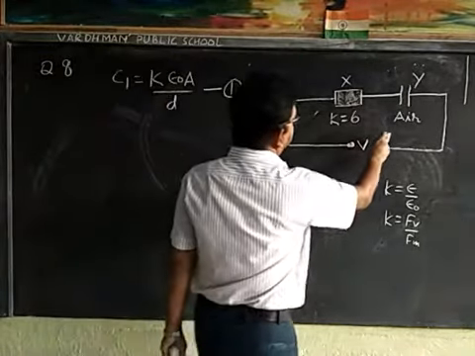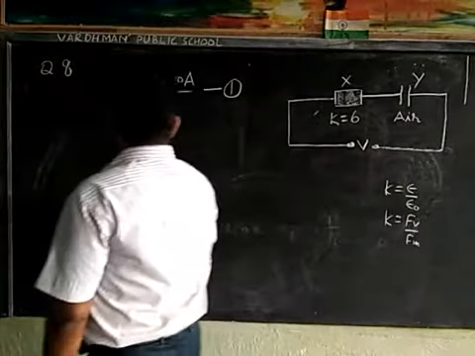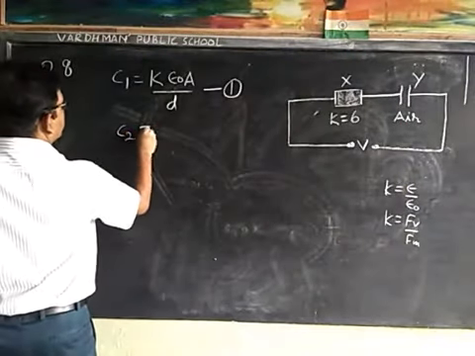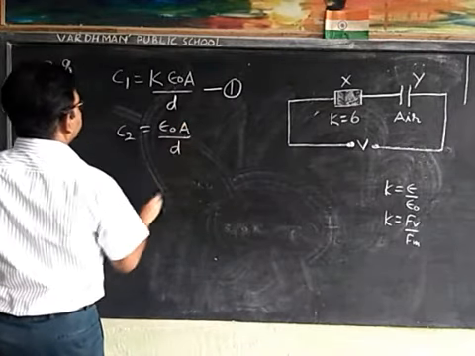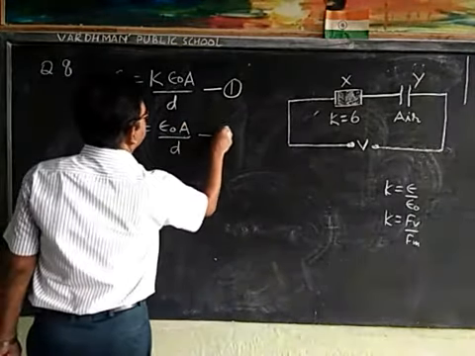And when the medium is air, then C2 is equal to epsilon 0 A upon D. This is my second equation.